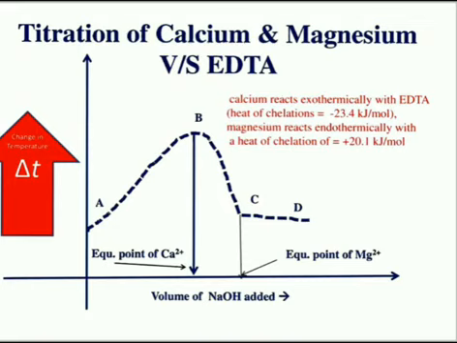This distinct difference in the enthalpy values makes it possible to adopt thermometric titration for estimating these two ions, and to determine their concentrations.